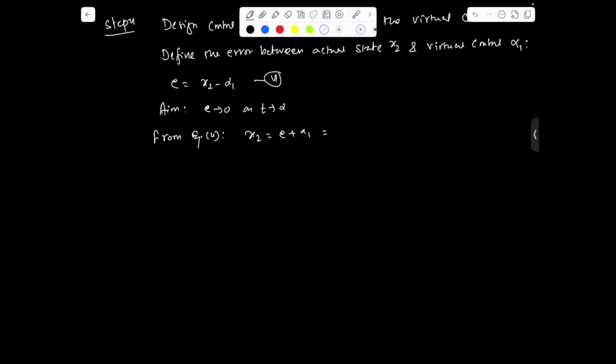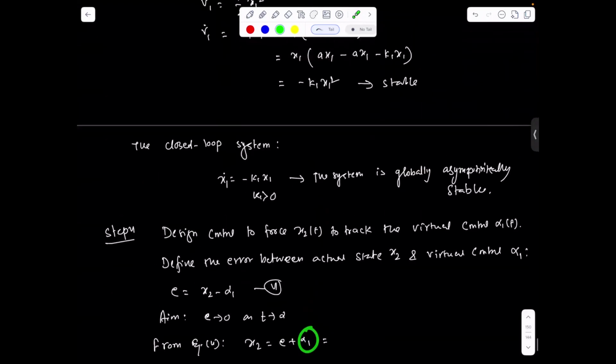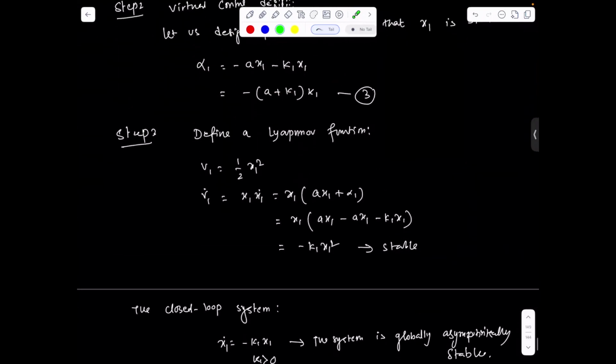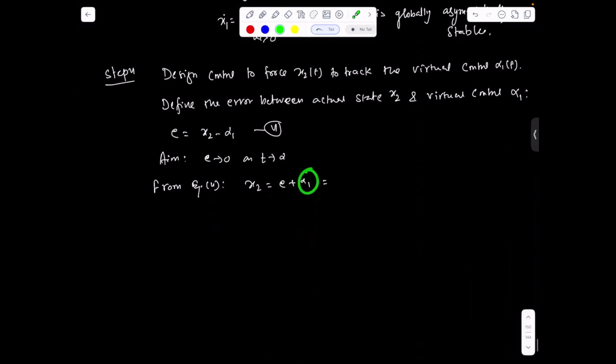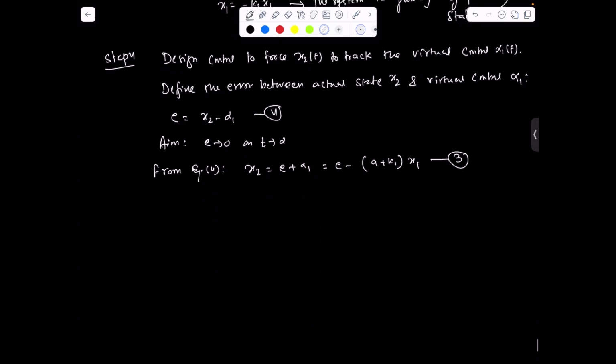I think this approach is easier than the previous one; maybe you will find so. In place of alpha 1, we substitute the expression here, so we can write x2 equal to e minus (a plus k1) x1. Let us define this as equation number 5.